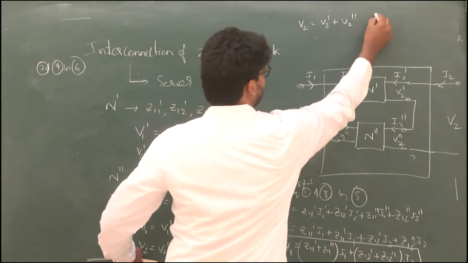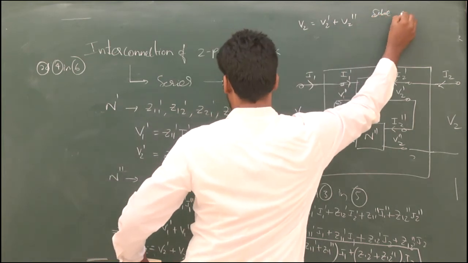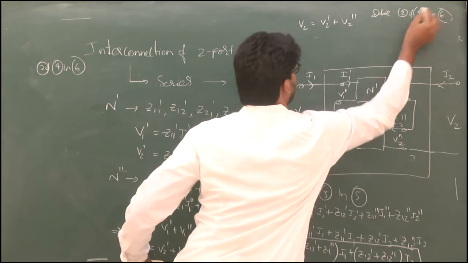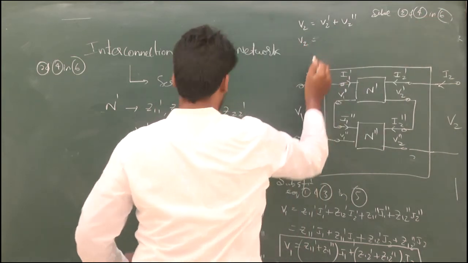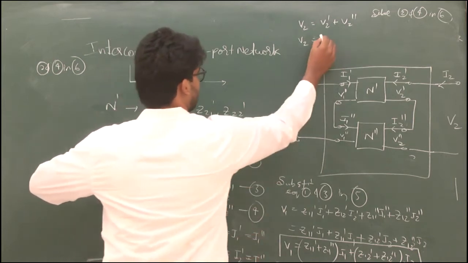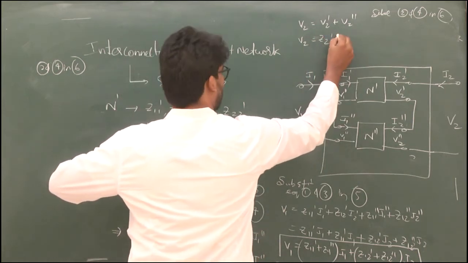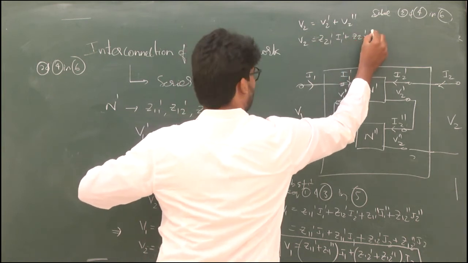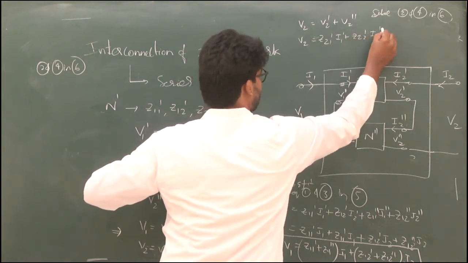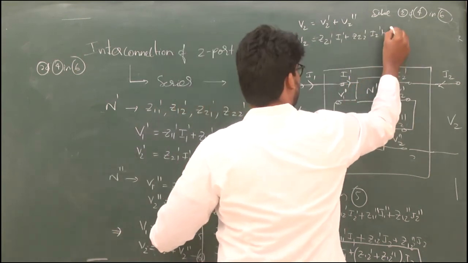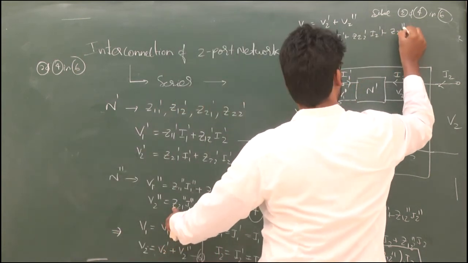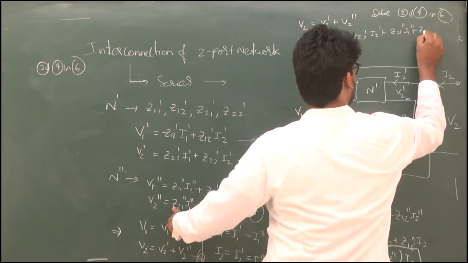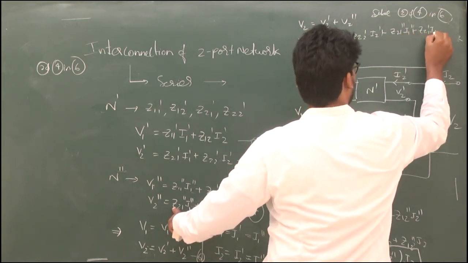Therefore, substituting these equations, V2 equal to Z21 dash I1 dash plus Z22 dash I2 dash plus Z21 double dash I1 double dash plus Z22 double dash I2 double dash.